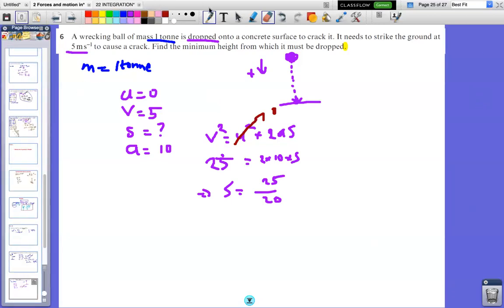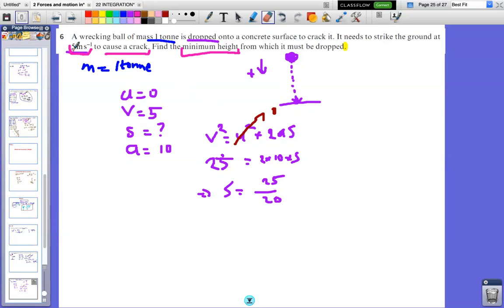Let us go and look at the problem again, interpret it carefully. Why does it say minimum height, not just the height from which it should be dropped? Because the problem says it needs to be dropped to cause a crack. If it is dropped with this velocity, it will cause the crack.